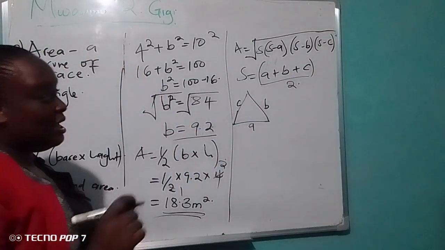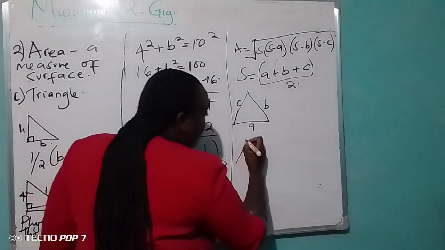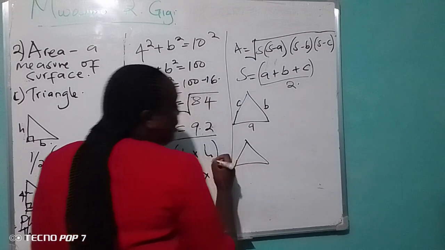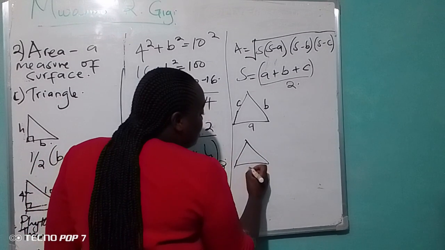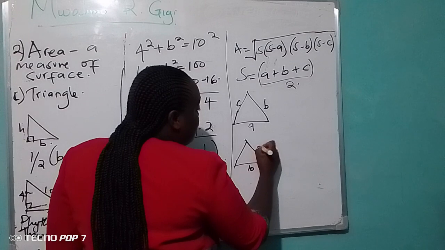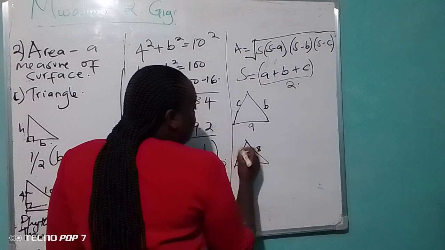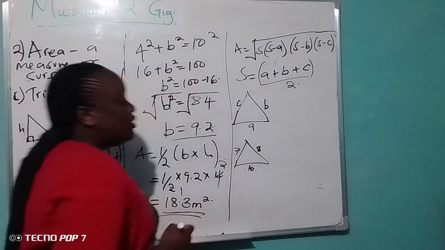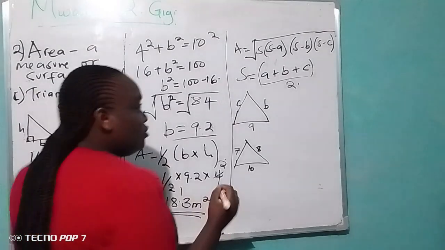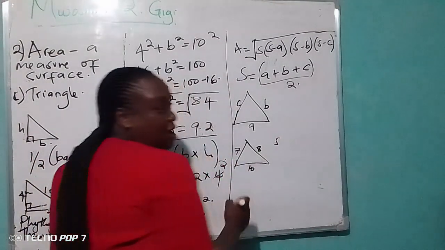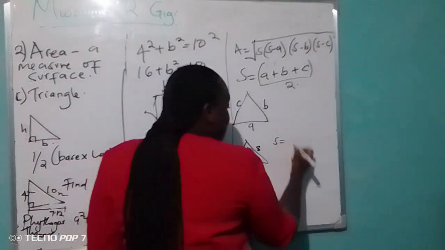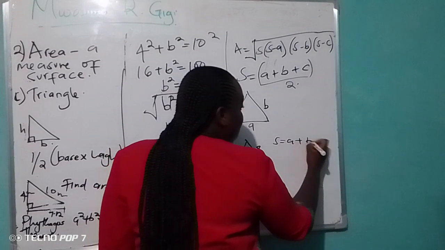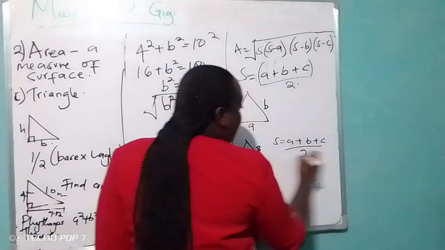So let's get an example. For example, we have this one. Let's say this one is 10, 8, 6. So the first thing you'll do, you'll find S. S is equal to A plus B plus C divided by 2.